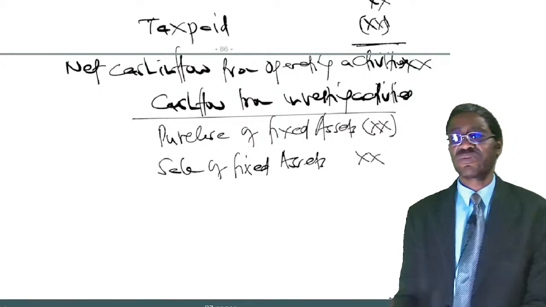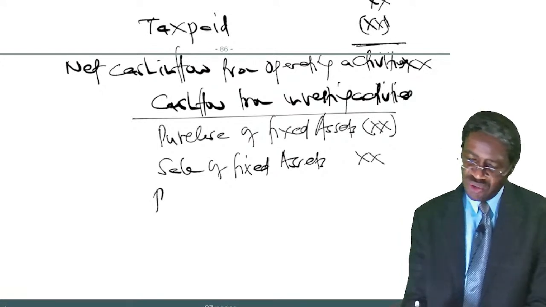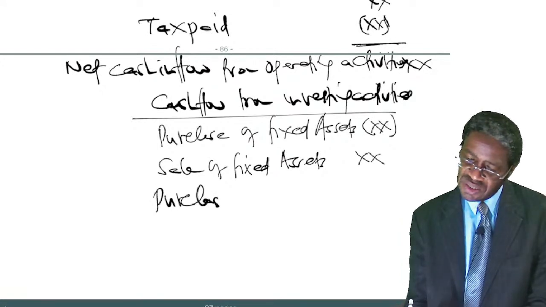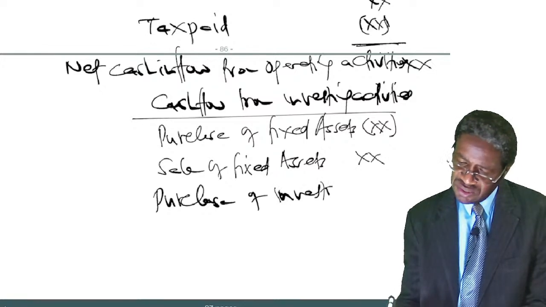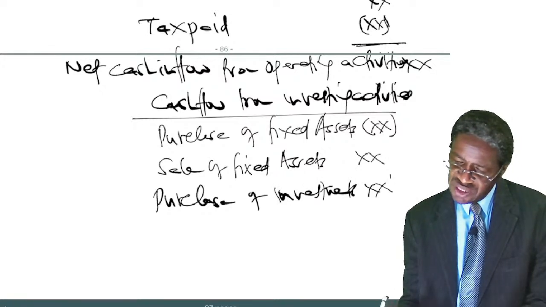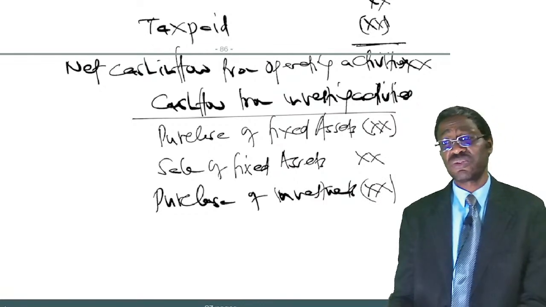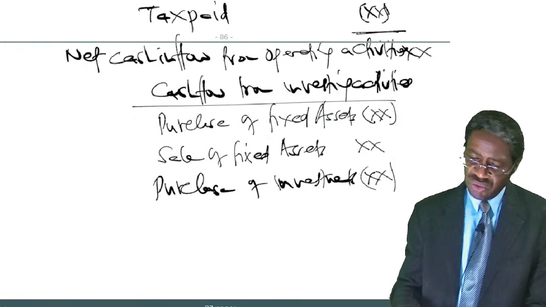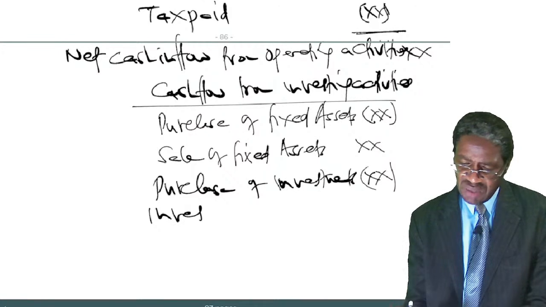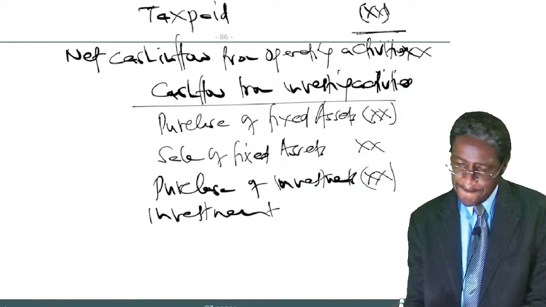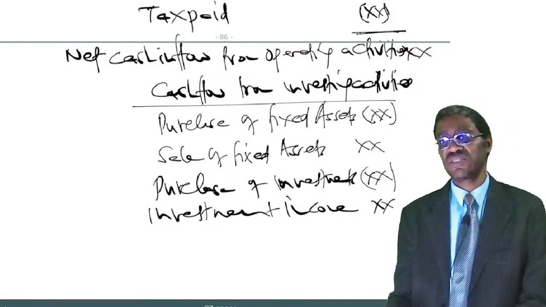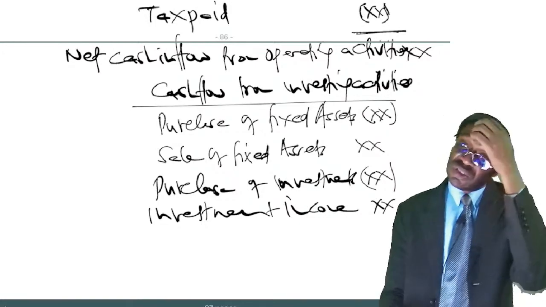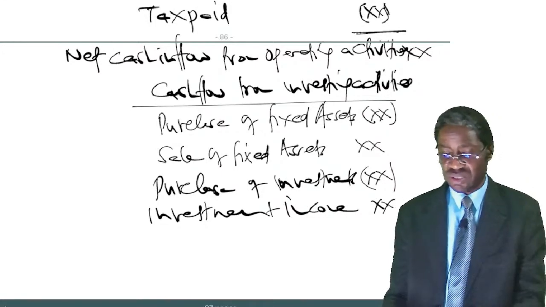That's an inflow. And I told you, purchase of investments. That's an investing activity. That's an outflow. And I told you, investment income. That's an inflow and it's coming in. And I assumed, suppose those are the only ones.